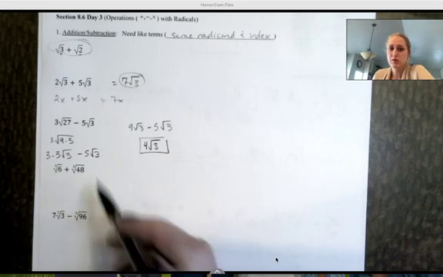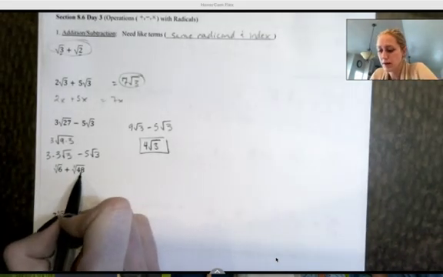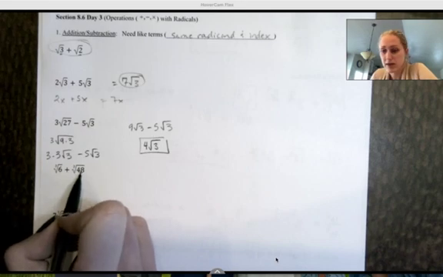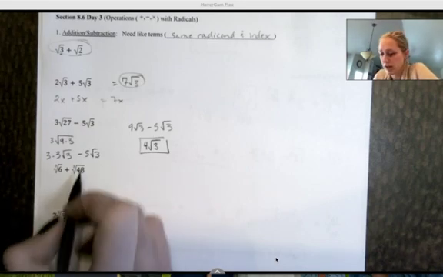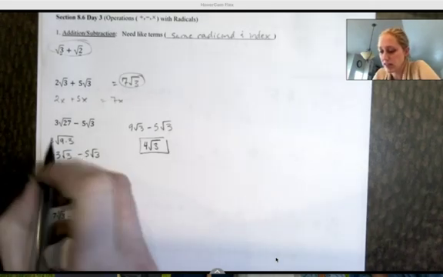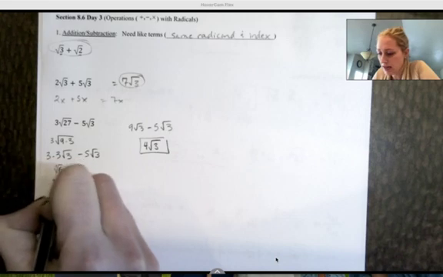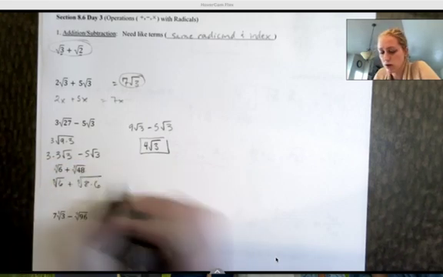We can do the same thing with cube roots. So right now, this doesn't match, but if I could get this to be a cube root of 6 as well, then I could combine them. So I want to think what times 6 equals 48, and that would be 8. And that works out great because 8 is something that I could take the cube root of.